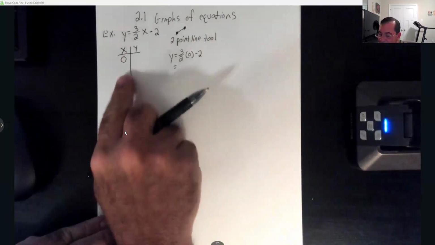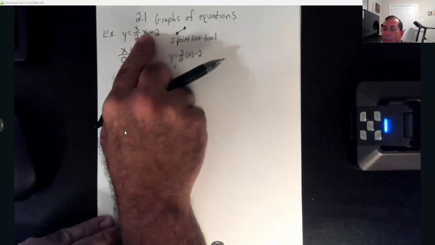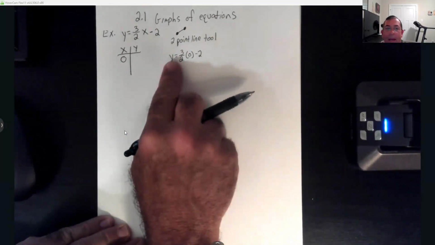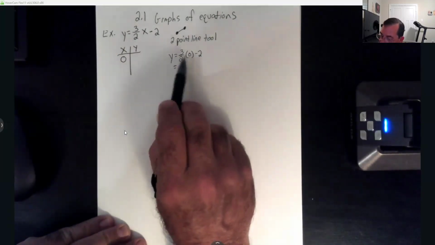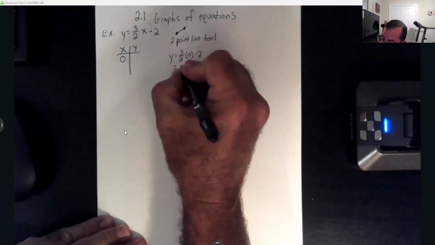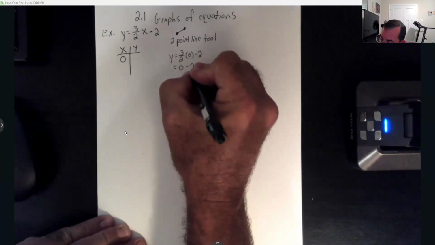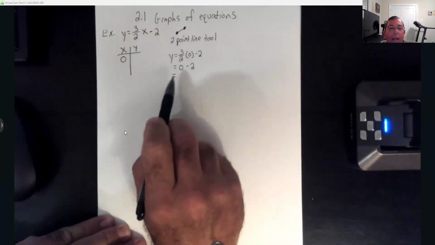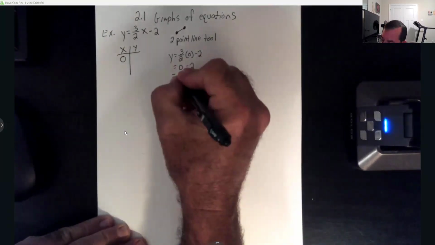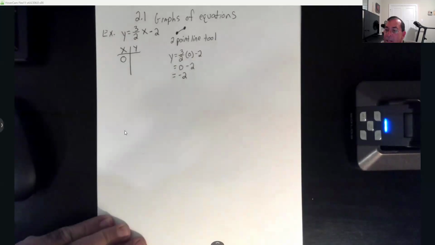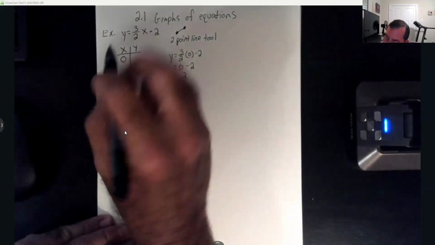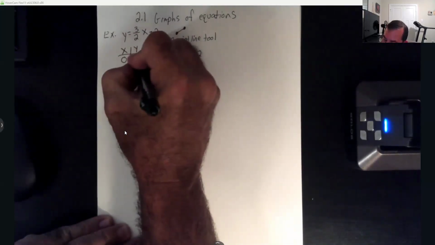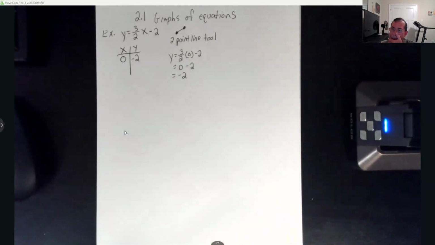So remember, when you make a table, you pick x values, you plug them in, and you find your y value. Well, 3 halves times 0 would give me a 0 minus my 2. And then what? 0 minus 2 gives us a negative 2. So when x is 0, y is negative 2. All right?